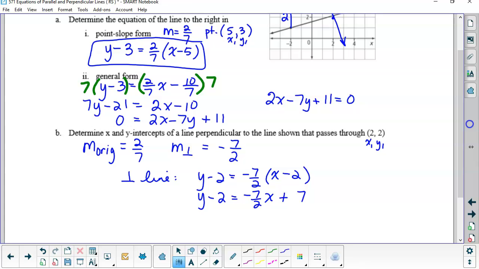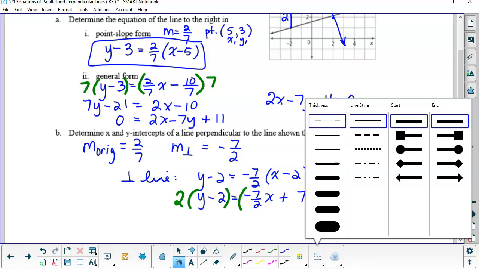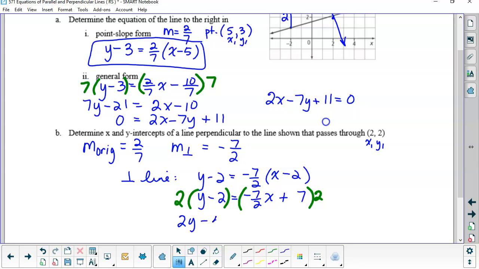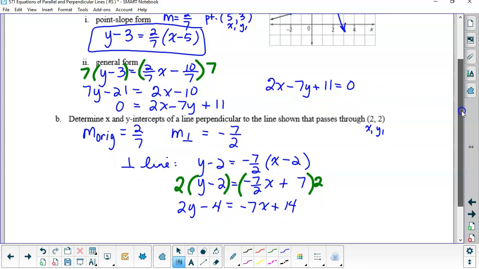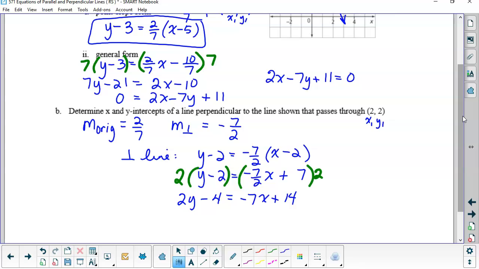Then multiply through by 2. And I'll bring everything to the left because the x is negative here. So that's 7x plus 2y minus 18.